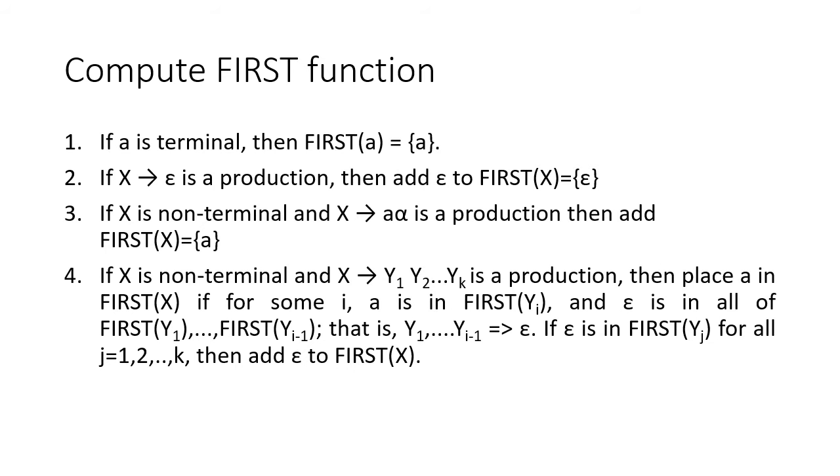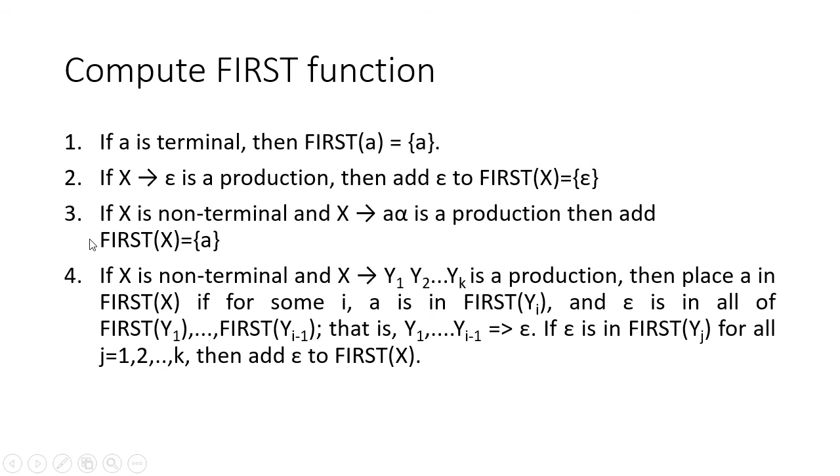So let us first of all see what is the first. Computing the first function: how do we calculate the first? If A is a terminal, then first of A is equal to A itself. If x derives epsilon is a production, then add epsilon to the first of x. The meaning of this is first of x is equal to epsilon.